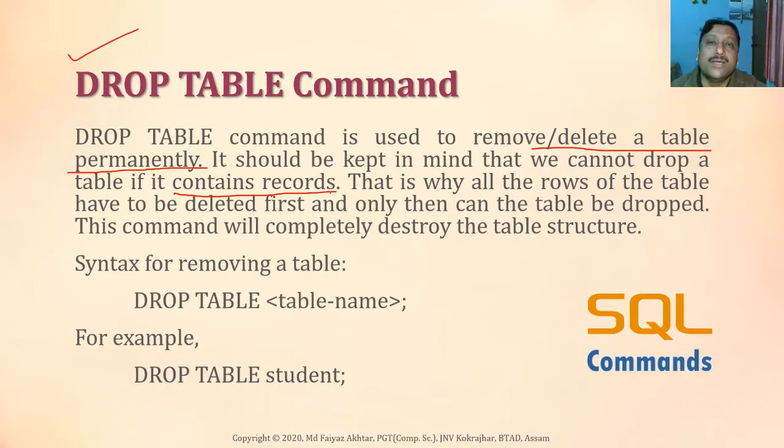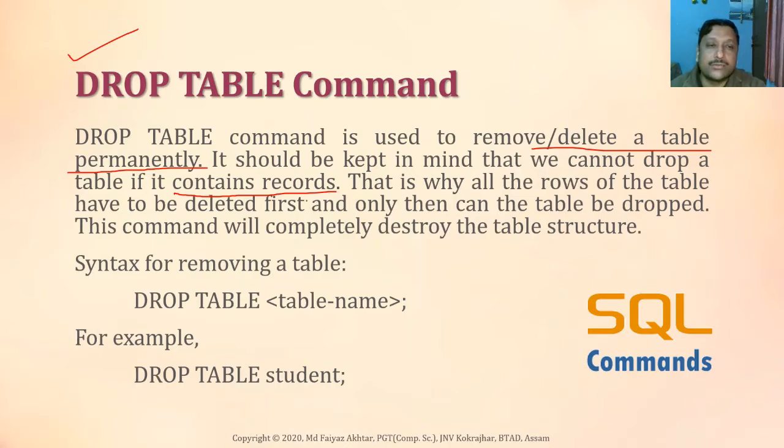If at least one record is there, then this drop table command won't work. It works only when all the rows have been removed first, or there is no row in the table.